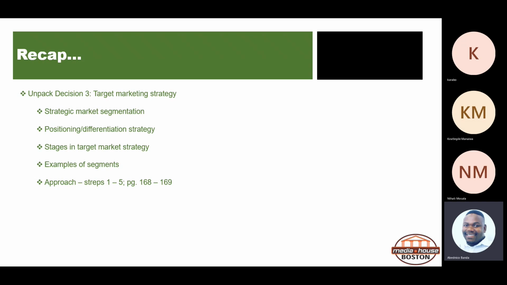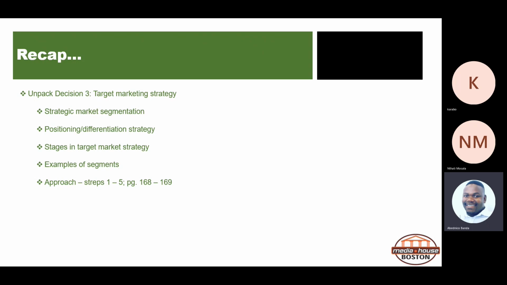We have already done decision 1 and 2 in previous lessons. Now we are going to look at the case study application of strategic market segmentation, positioning or differentiation strategy, stages in target market strategy, and examples of segments that are available on page 168 to 69.